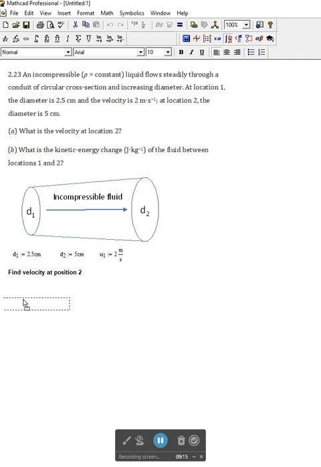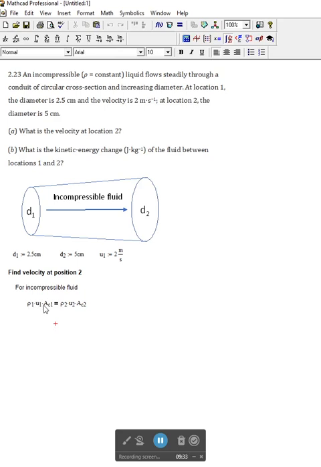And so this is where we would then go into our textbook or our notes, and we would find that for an incompressible fluid, a fluid at constant density, and this is from chapter 2 material, or it might have been from your 114 or 202 class, we have this relationship.